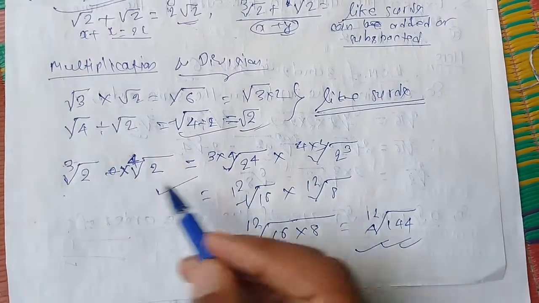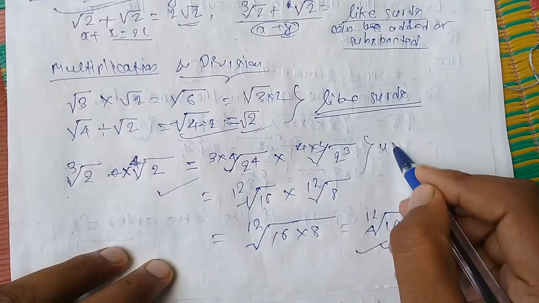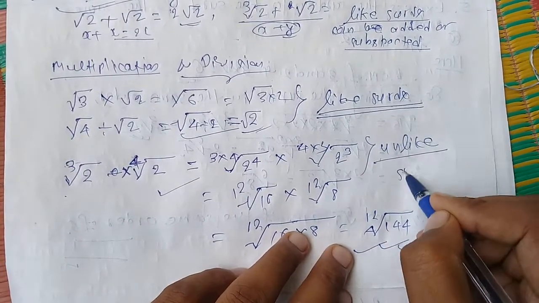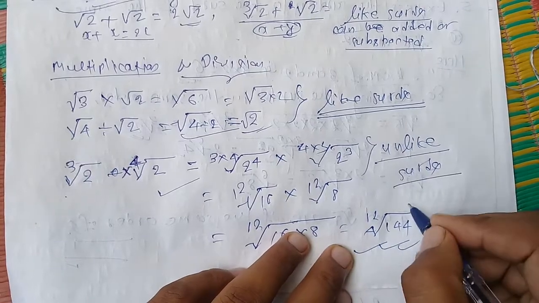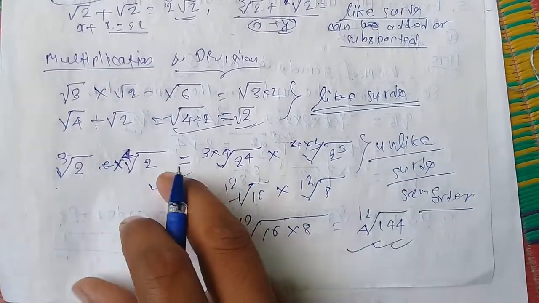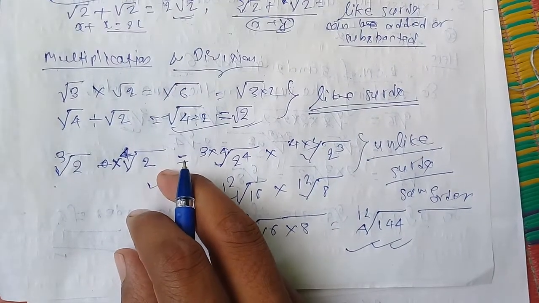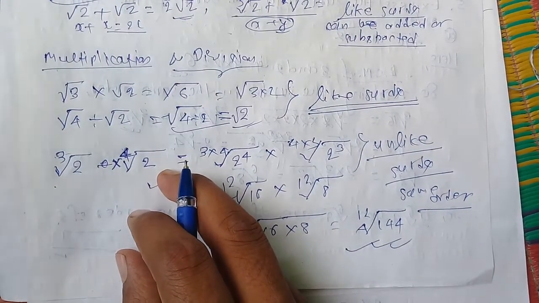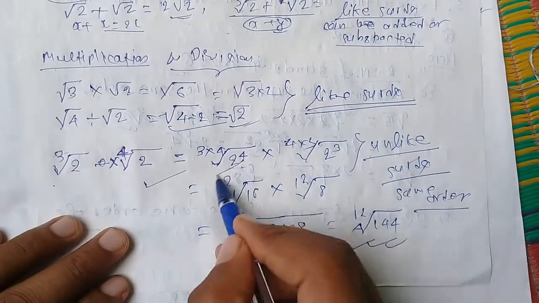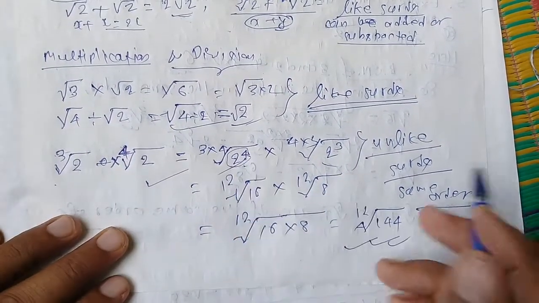But if the surds are unlike, then we have to convert them into the same order. After that we can multiply and divide the radicands. Okay, this is called the radicand.